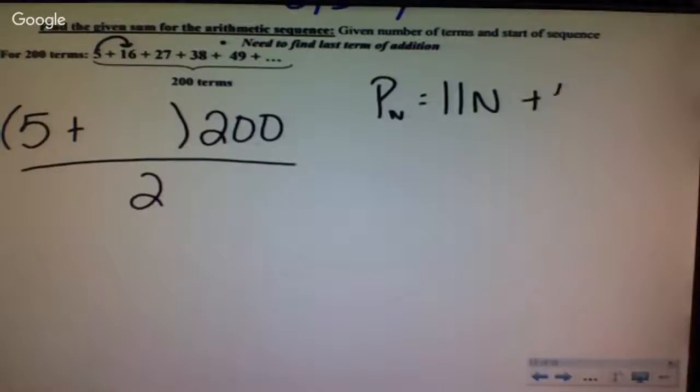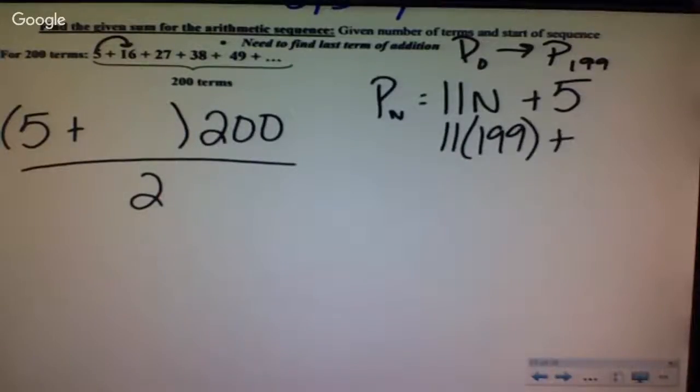Good. My first number was 5. If I have 200 terms, my last number falls in what slot? 199. Yeah, it goes from P sub 0 to P sub 199. So I'm actually plugging in 199. That gives 2,194.